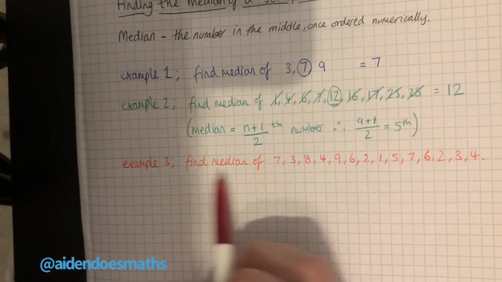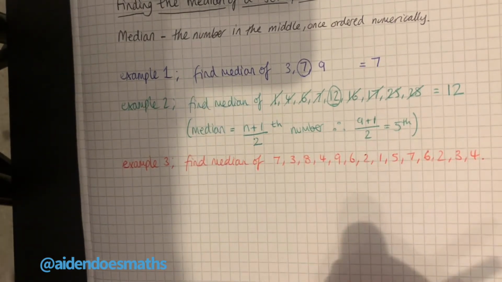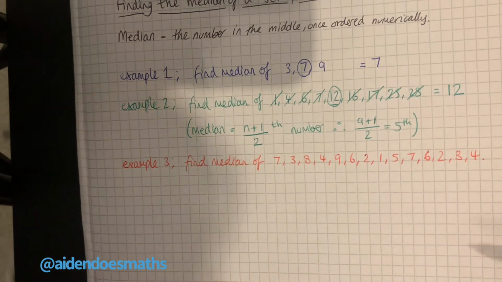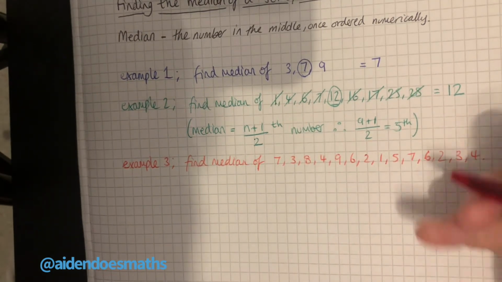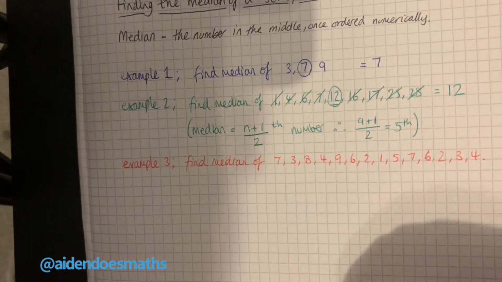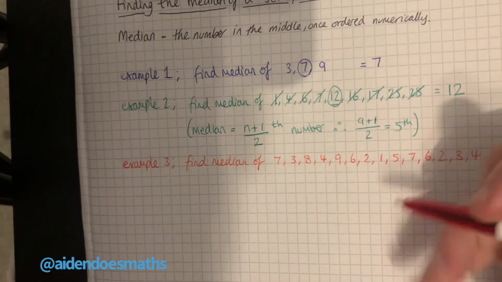So as we said, this one's unordered, so we need to put them in order now. So again, we're going to be crossing them off, but in a different method to what we were doing in question 2 to start with, just because we want to start from our lowest number and work our way through and make sure we don't miss any.